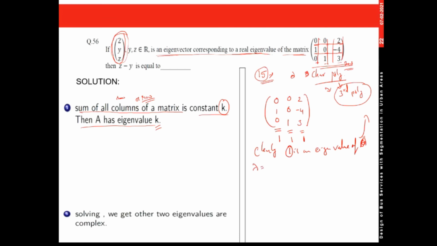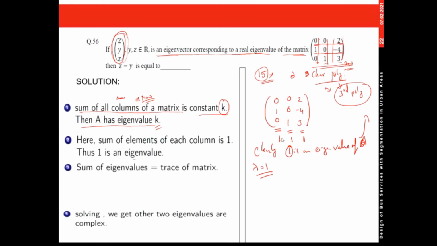We got an eigenvalue, but we can show that there is no other real eigenvalue. In an examination, you don't need to do all those things. You get a real eigenvalue, and there is no clue in the question that there is any other real eigenvalue. So this must be the given real eigenvalue, and you can proceed with this.